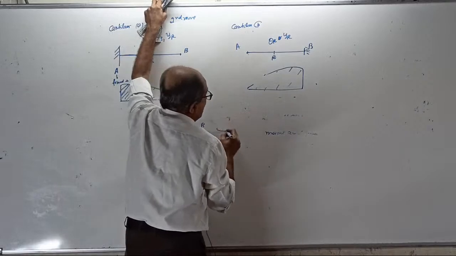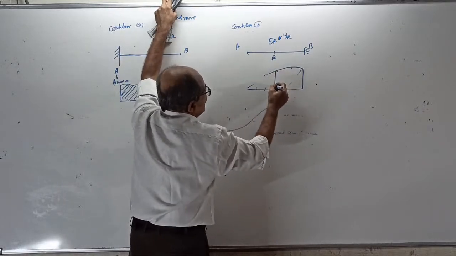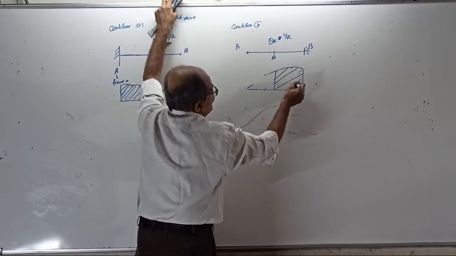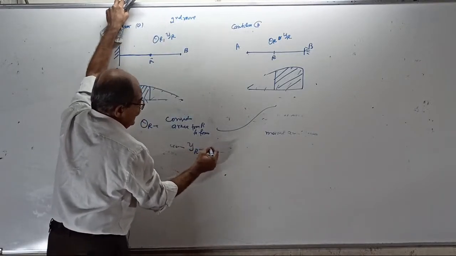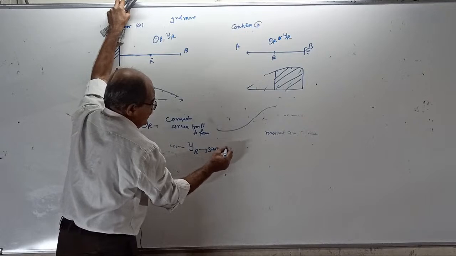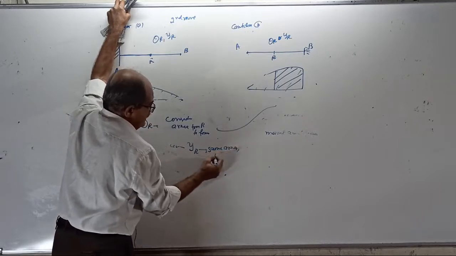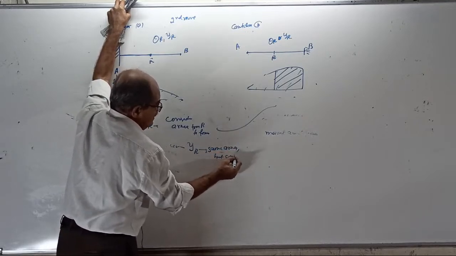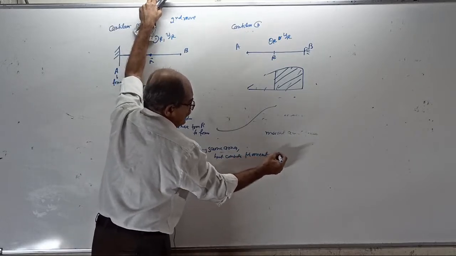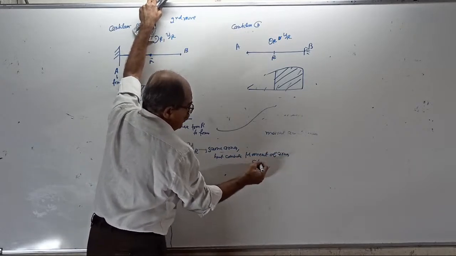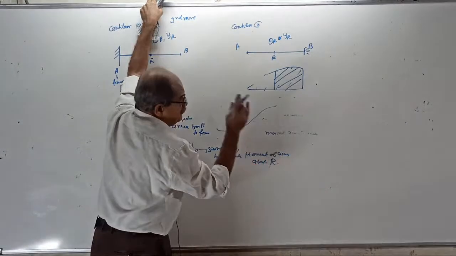Here also, same statement. And if you want deflection at R, same thing, same area, but consider not the area, consider the moment of the area. Moment of area about R, that point.